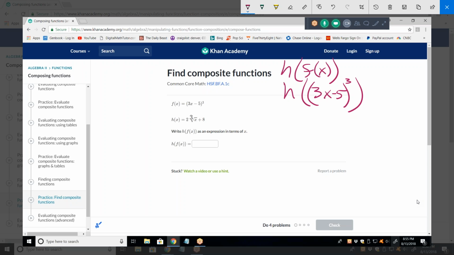So what is h of that? It's a direct substitution. So 2 times the cube root of (3x minus 5) cubed plus 8.